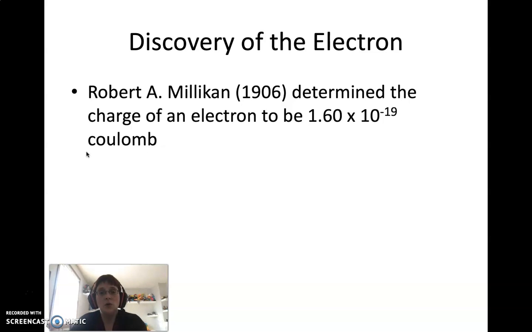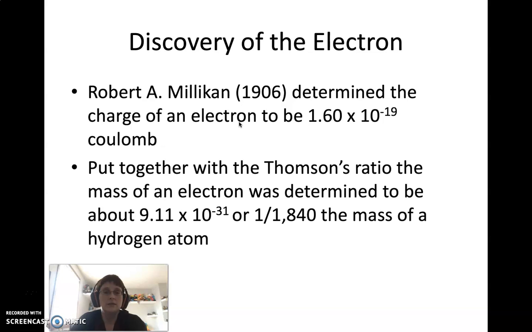If you remember coulombs, we talked about those when we talked about electricity. He determined that the actual charge of an individual electron is this really tiny number, because if you remember your exponents, negative 19 means that it's going to be a really small number. The decimal point is going to move this direction 19 places.